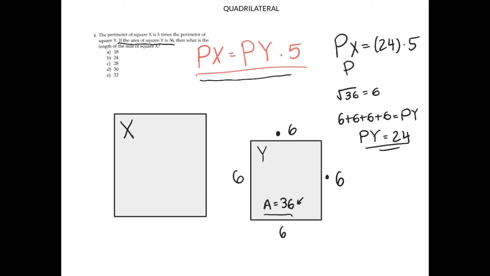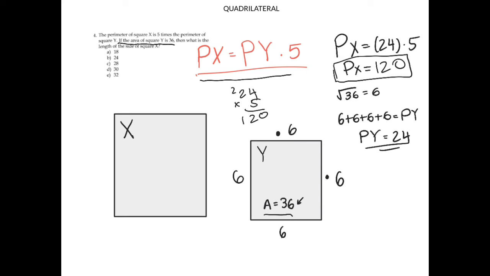Let's do 24 times 5. 4 times 5 is 20. 5 times 2 is 10, plus 2 is 12. So Px is equal to 120.